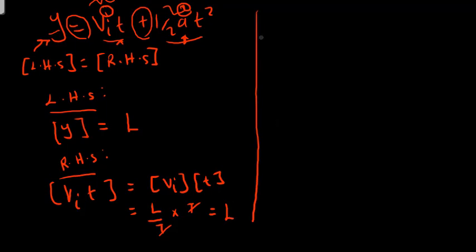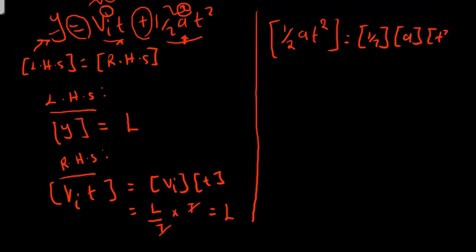Now we check our second term on the right-hand side, which is ½at². The dimensions of all this is the same as dimensions of ½, dimensions of a, dimensions of t². Because half is a pure number, its dimensions are just 1.